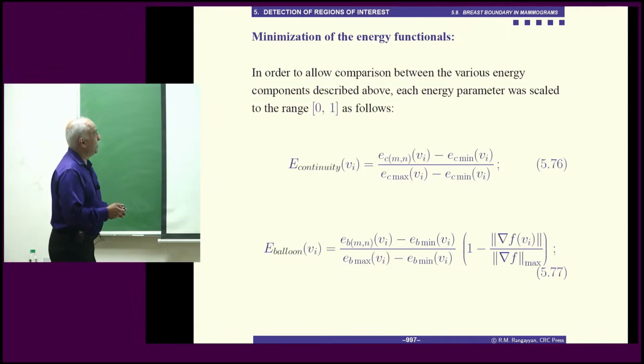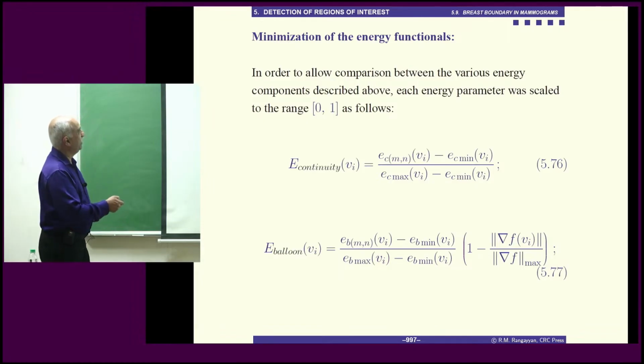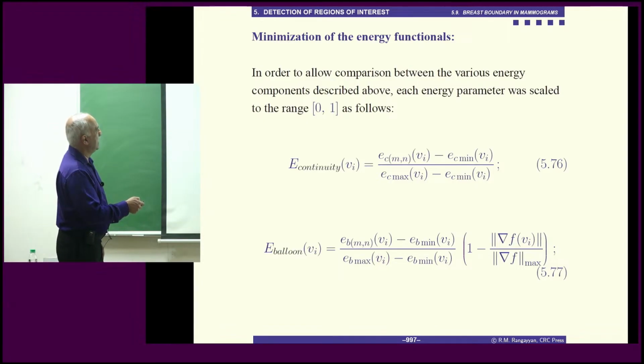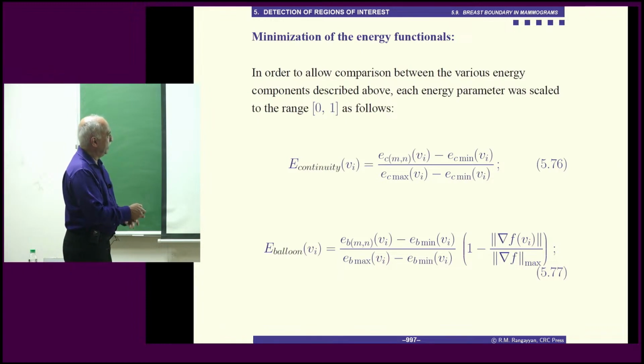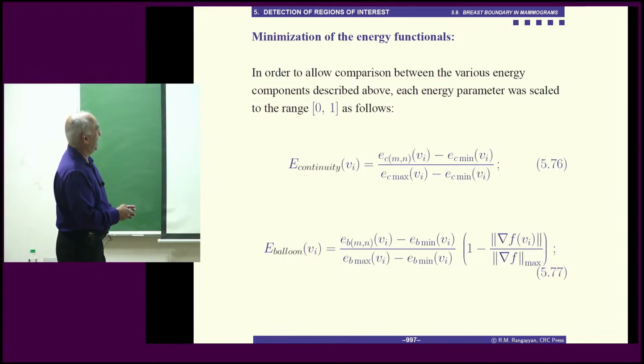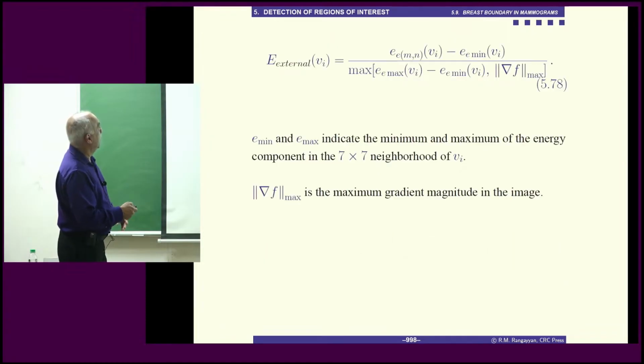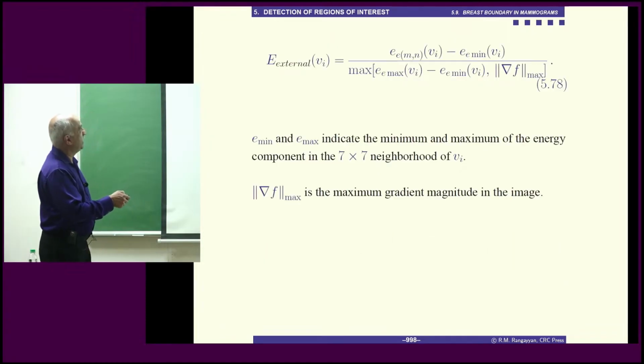So, minimization of the energy functionals: the continuity is defined as this function at Vi, ECMN, ECmin, and the others, they will come in a moment. The balloon factor is defined in this manner. I won't read all these equations, you can read them later on. The external energy is based upon the difference in this manner, like a derivative.